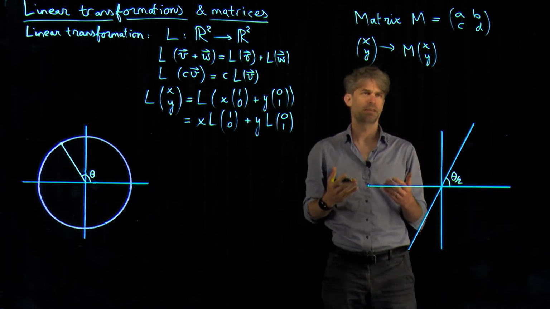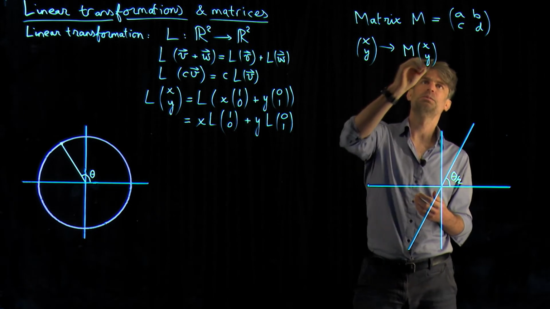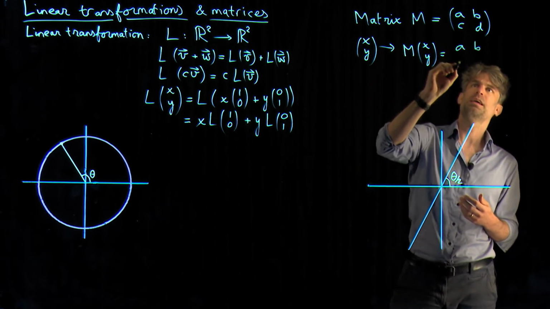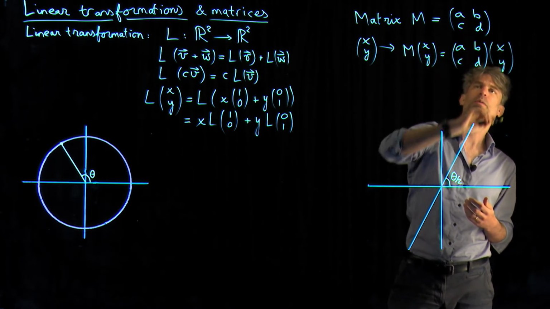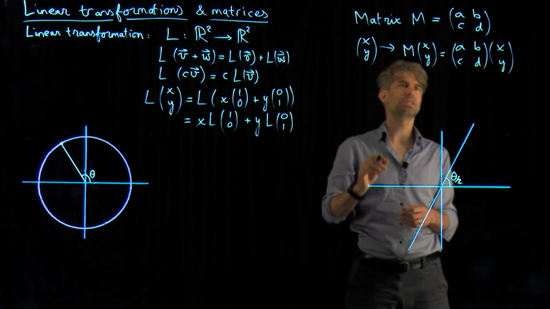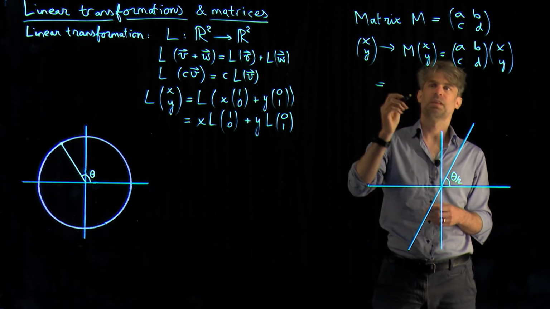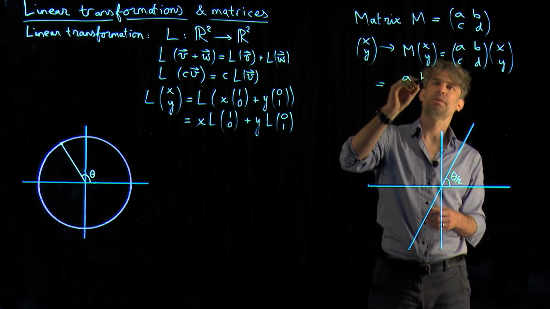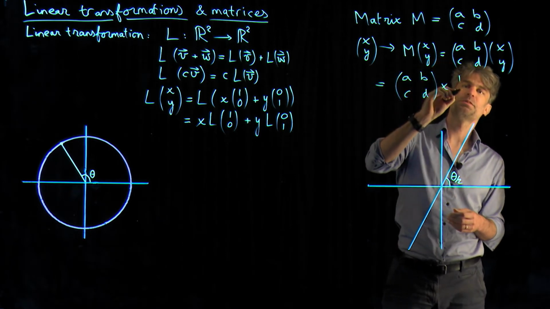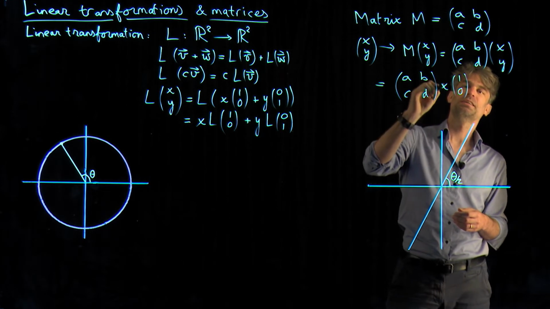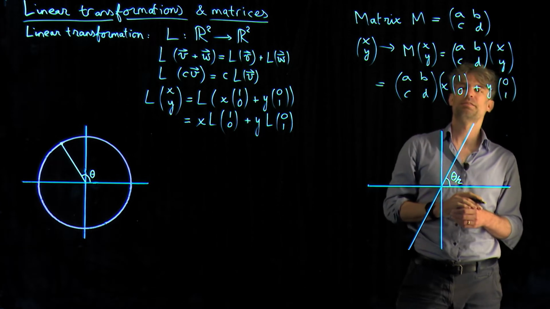And now if I look in more detail at what happens here, it would be A, B, C, D times x, y. And you can have a similar decomposition to the one we have over there. So we would get A, B, C, D times x times the first basis vector plus y times the second basis vector.